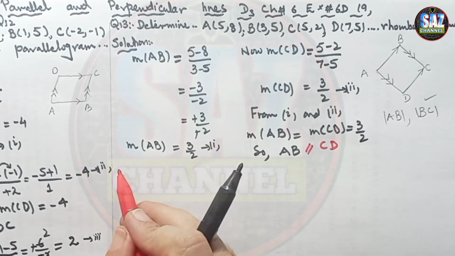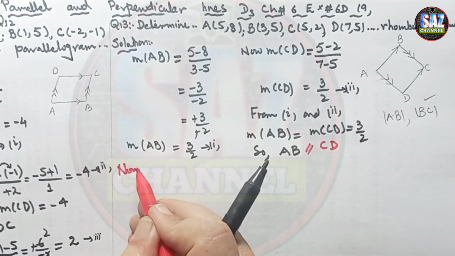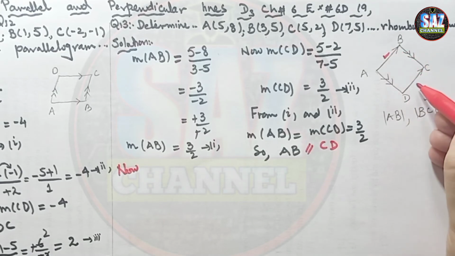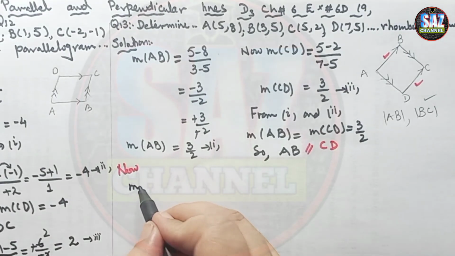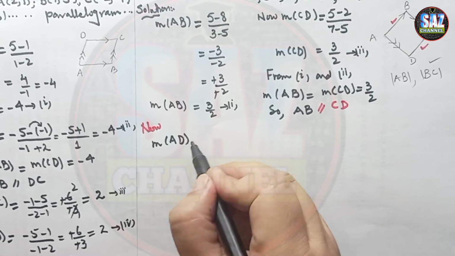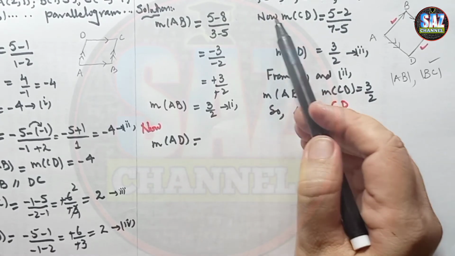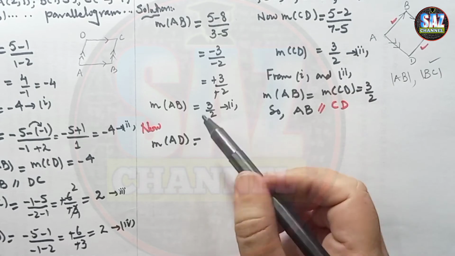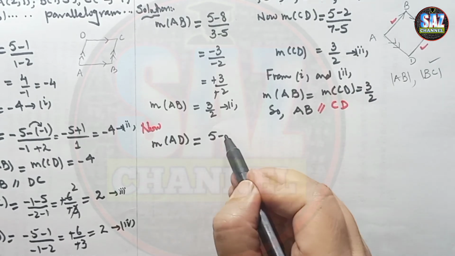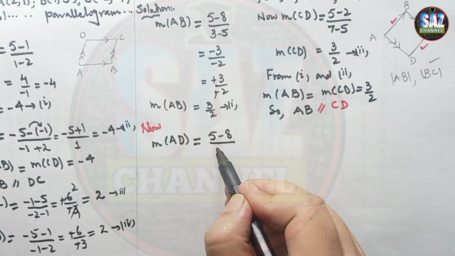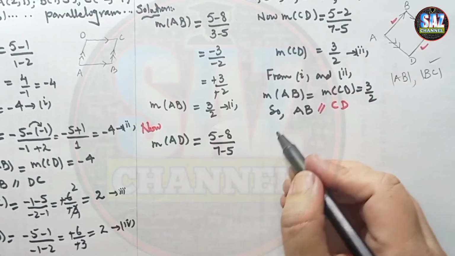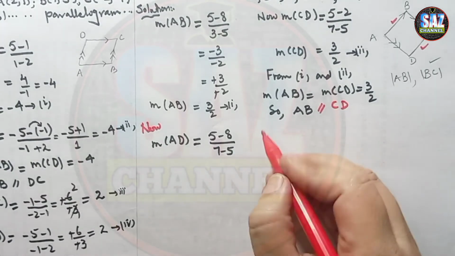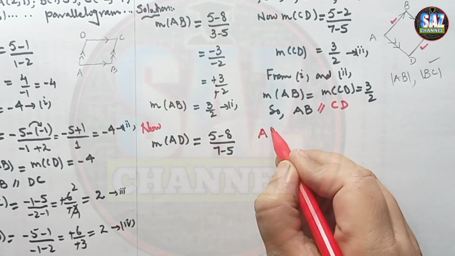We have checked that these 2 sides are parallel. Now we have to check whether AD and BC are parallel or not. Gradient AD: okay, let me write the coordinates of A and D closer to each other so that my students can understand easily.